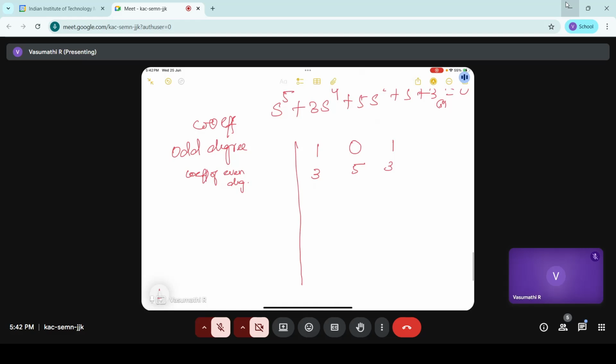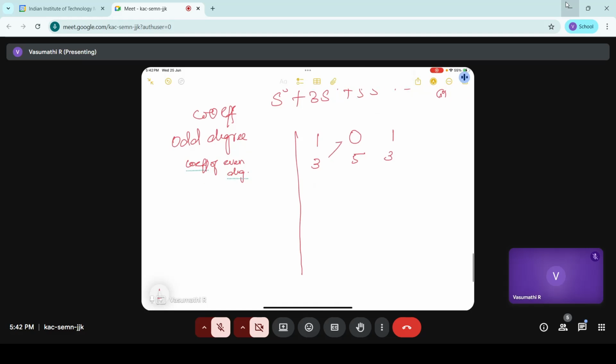Now what you have to do is multiply this way first, then multiply this way, then subtract: red minus black, number 1 minus number 2.